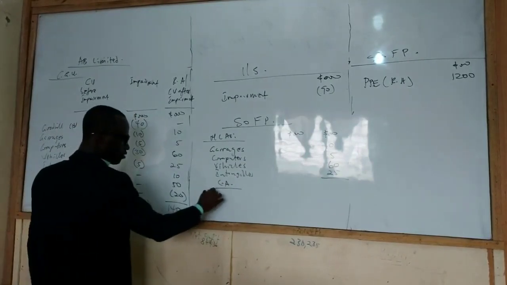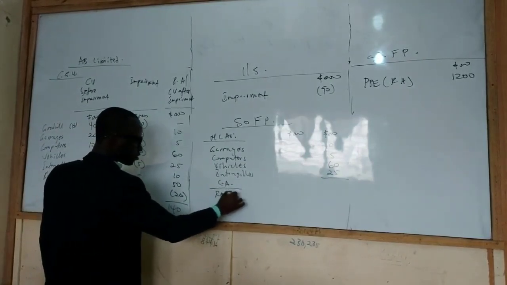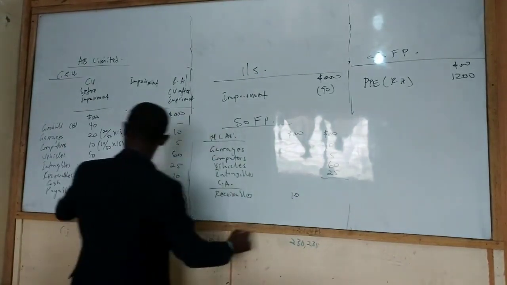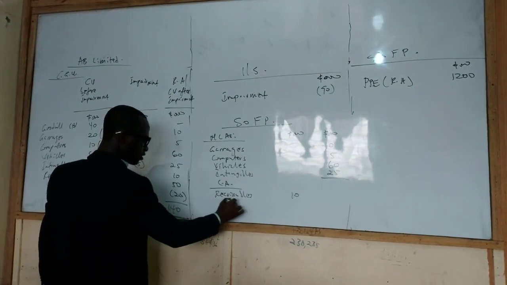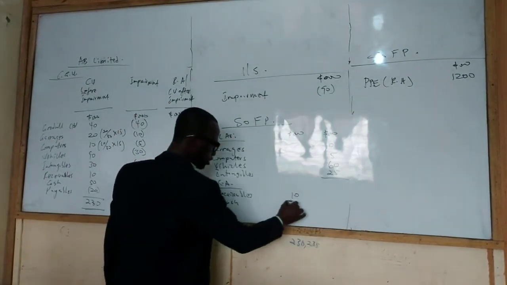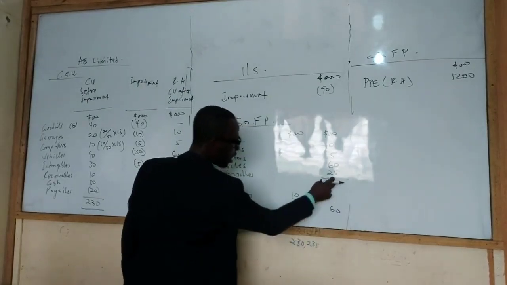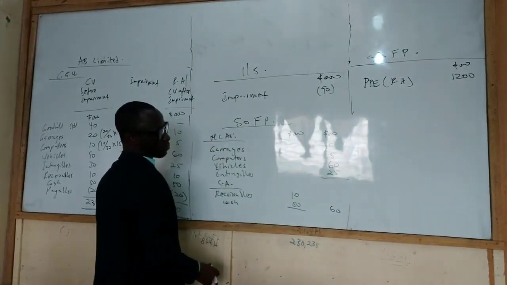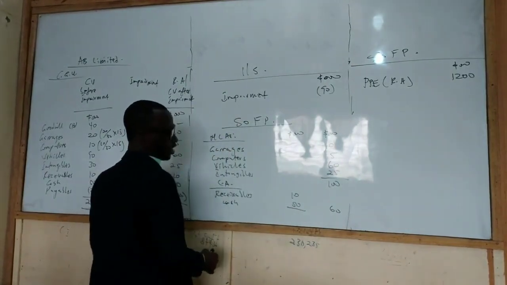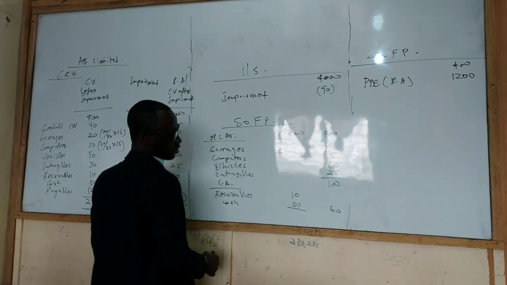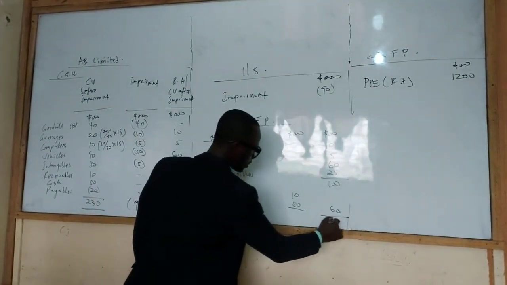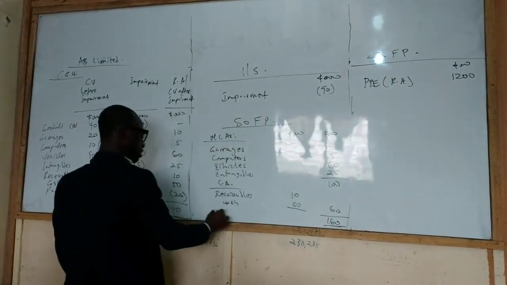That will be receivables. Receivables is still 10. Then cash. Cash of 50. That will be 60. What do I have here? 100. Okay, 100. So we add this to this. 160. And that is the total assets.